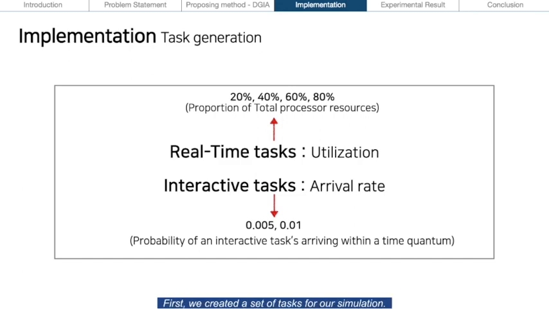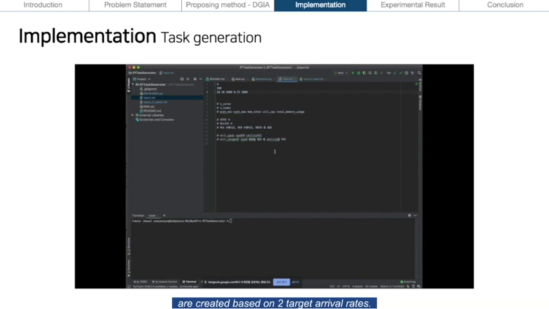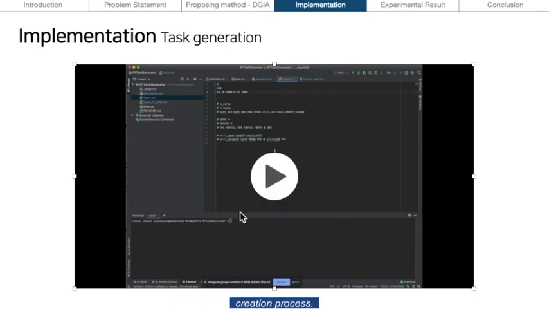First, we created a set of tasks for our simulation. Real-time tasks are created based on 4 target utilization rates, and interactive tasks are created based on 2 target arrival rates. This demonstration video shows the task creation process.